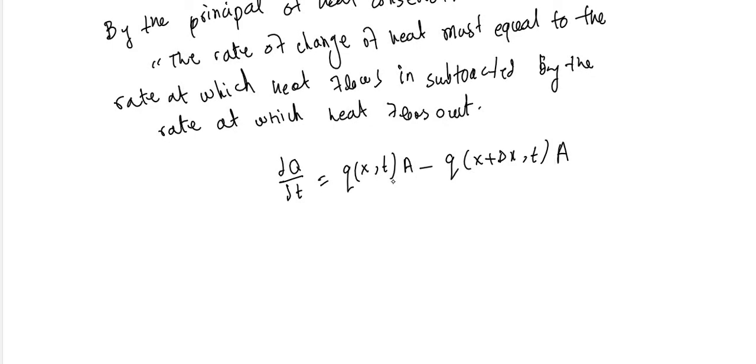Now you can take A as a common factor because the cross sectional area is constant, so you will have q(x,t) minus q(x plus delta x, t) here.